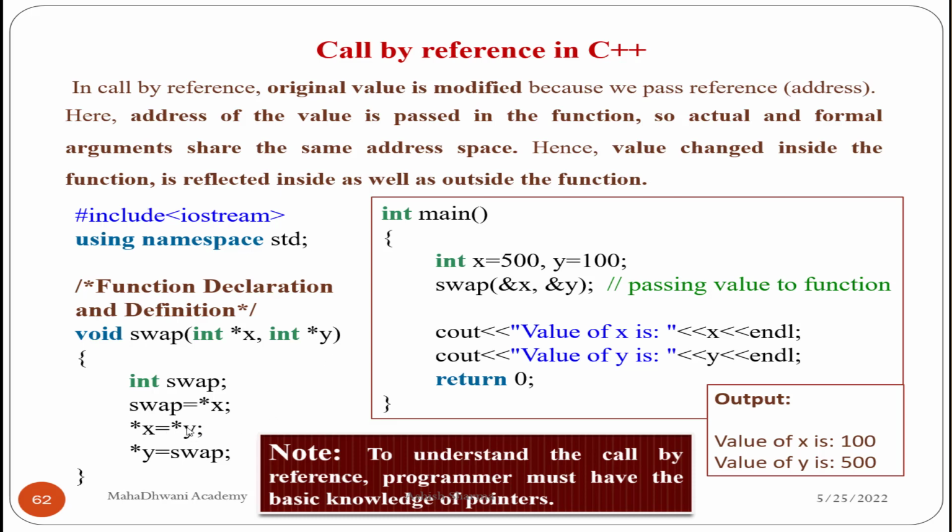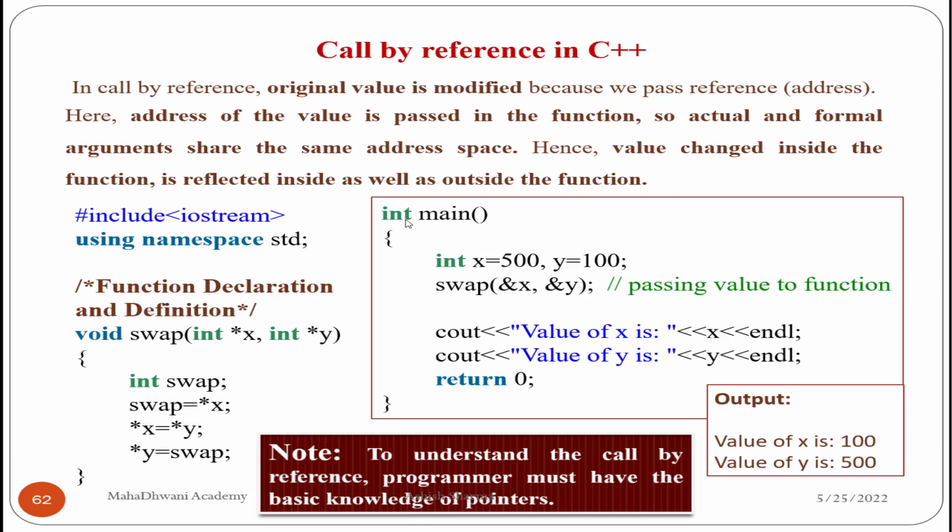After that y is empty and we store the value of the swap variable to the pointer variable y. So now it means we interchange the value of x to y and y to x. After that we close the function body. Come to the next part of the program.